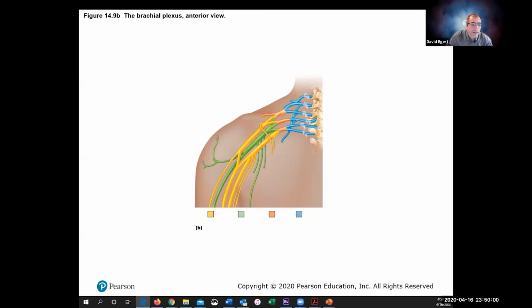So here I can tell you. It says it goes to a little bit of the biceps femoris, and that's it. The fibular nerve and the tibial nerve together are the sciatic nerve.